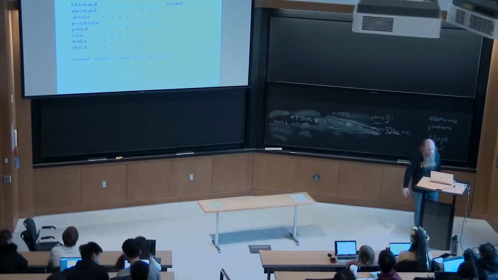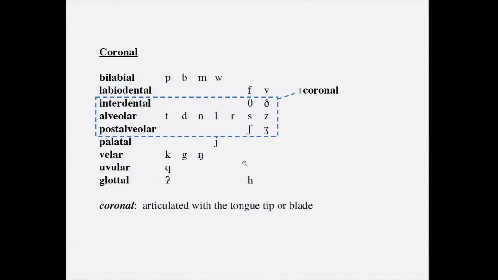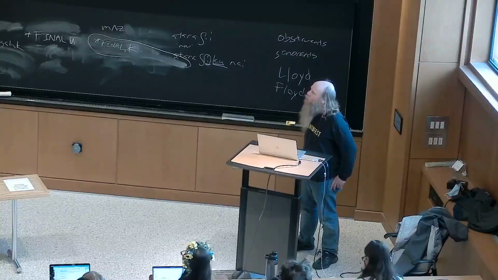What all of them do is make a consonant sound that's articulated with the tip or the blade of your tongue. So the front of your tongue is touching some part of the top of your mouth. For the interdentals, your tongue is sticking out between your teeth, or for the alveolars or the postalveolars, the tip of your tongue or the blade of your tongue is coming into contact almost with the top of your mouth.